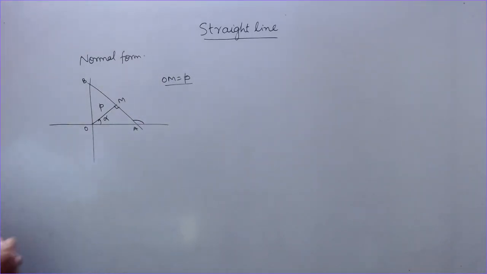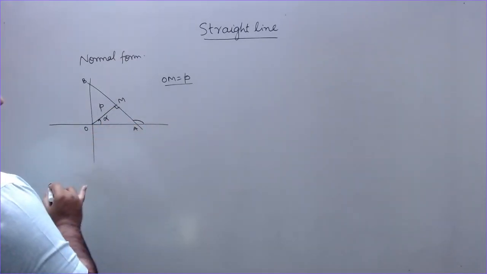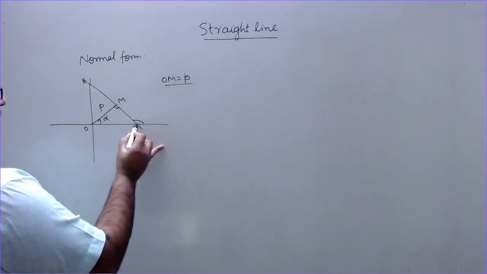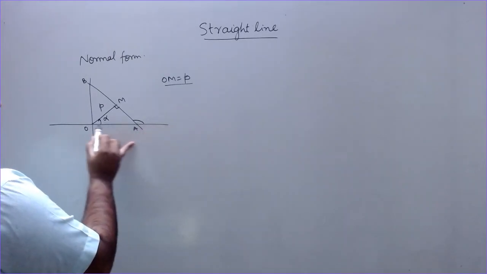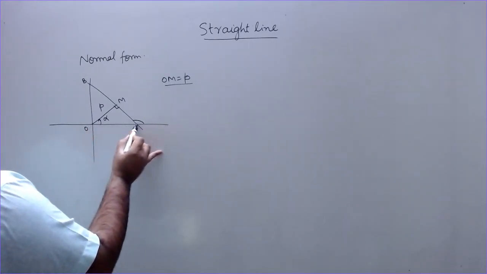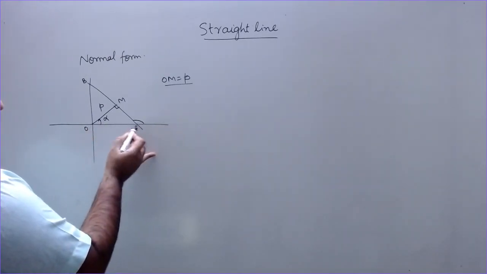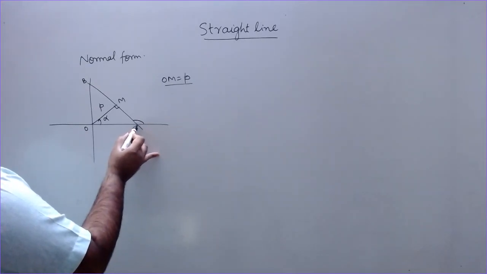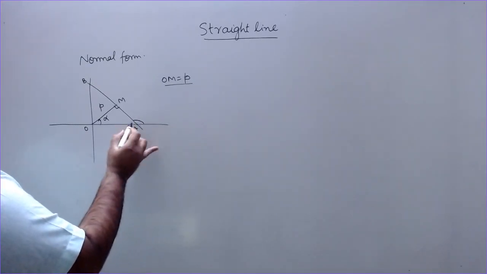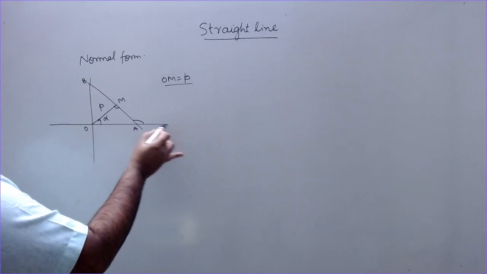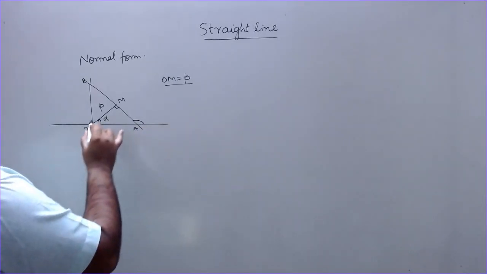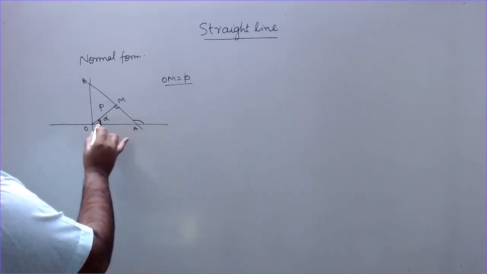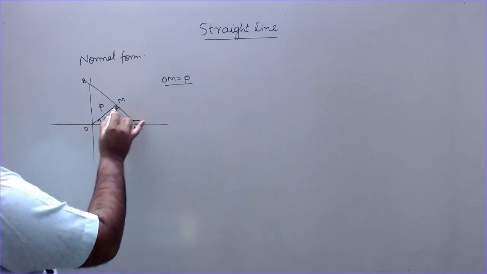There are several methods through which you can find the equation of this straight line. OMA is a right angle triangle. If you find the distance OA, you will find the coordinates of A, and the y coordinate for A will be 0 because this is lying on the x-axis.